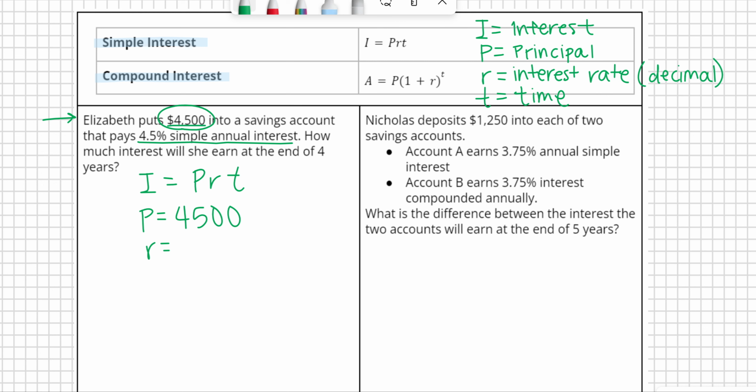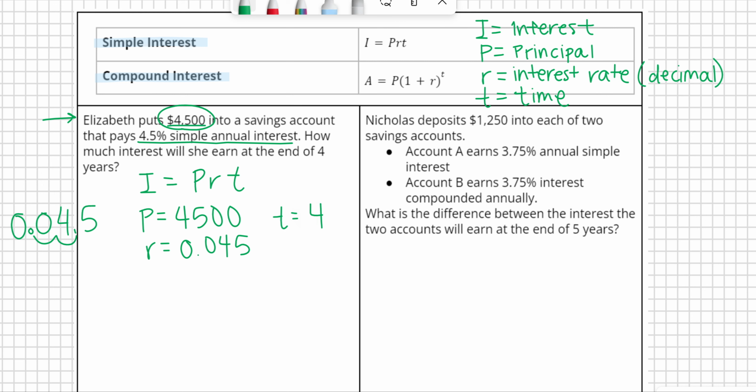If I take 4.5% and move the decimal 2 spaces to the left, like I'm dividing it by 100, it would be 0.045. So for R, I'm going to use 0.045. That's 4.5% as a decimal. T is the time in years, which is 4 years.